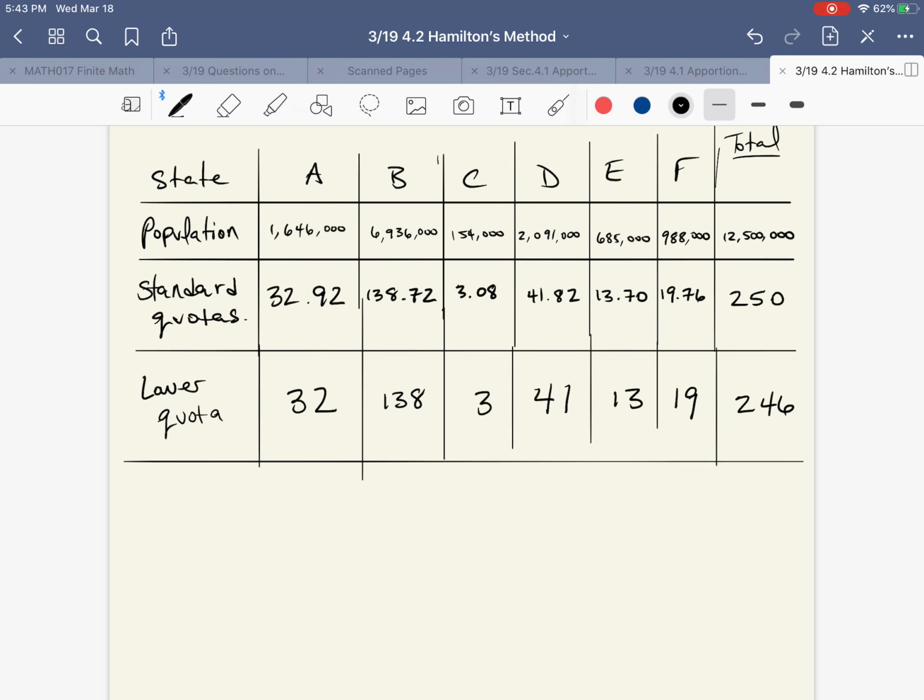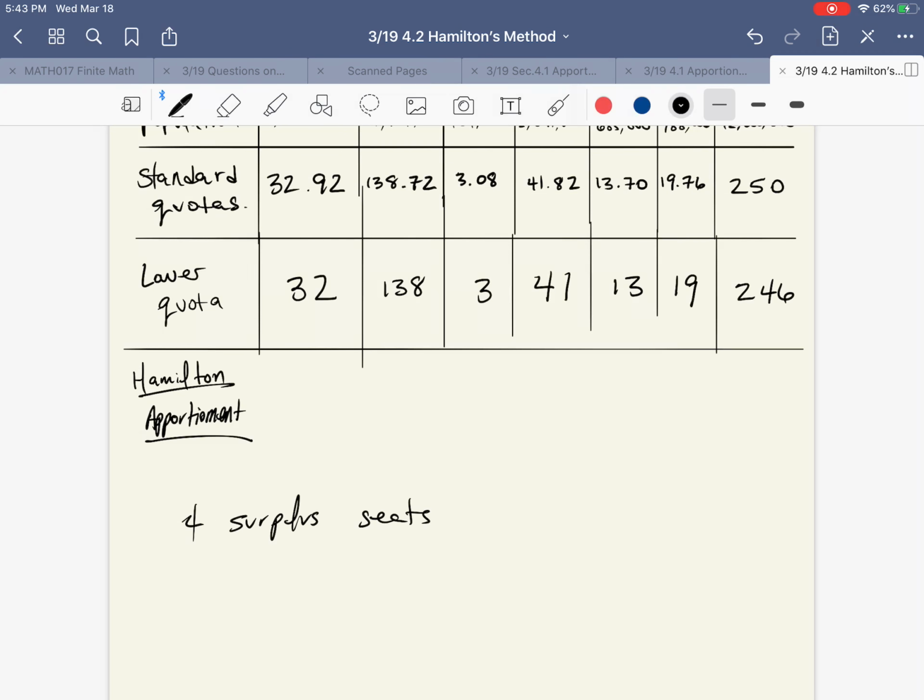Well, Hamilton apportionment. Let's look. If we have 4 surplus seats, we want to find the 4 states with the largest fractional parts.